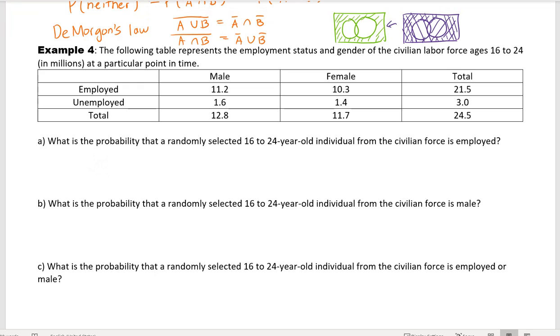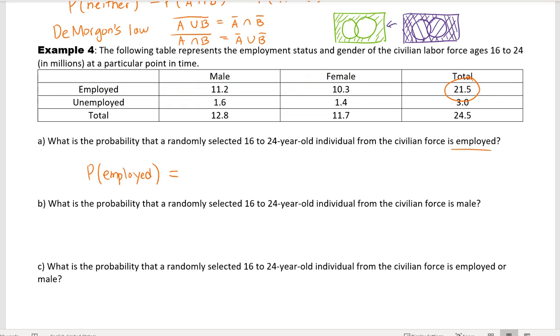What is the probability that a randomly selected 16 to 24-year-old individual from the civilian labor force is employed? So how do we calculate this? This is finding the probability of employment. Employed is right here, and because it does not mention male or female, we consider the total.